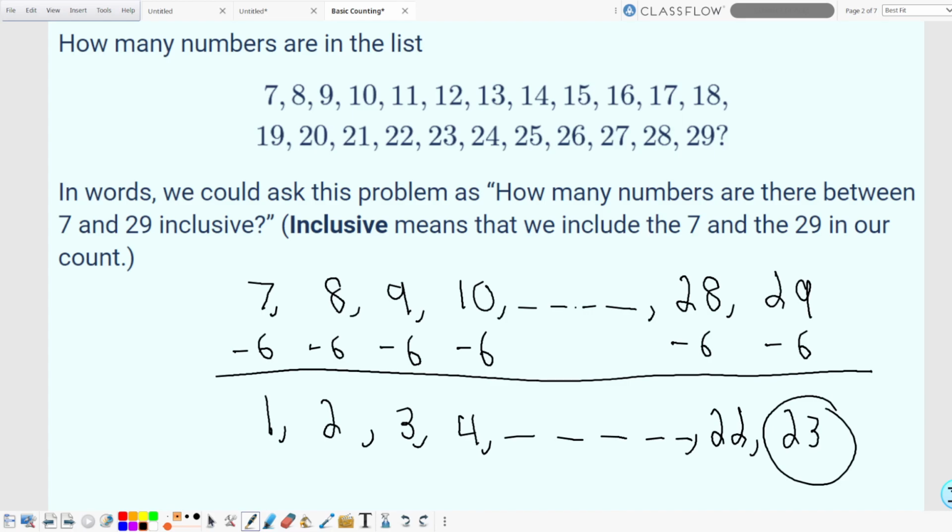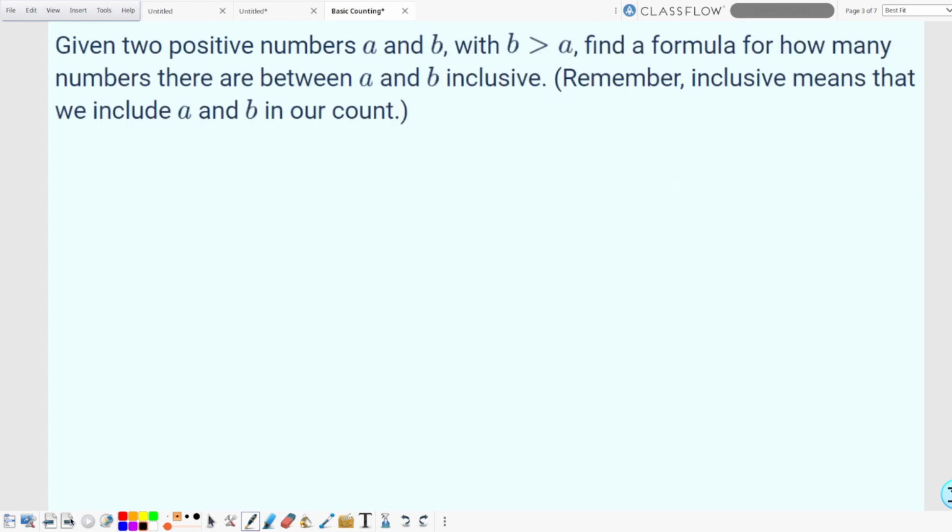So let's see, does this trick work every single time? You'll notice also, what is the value of 6? Well, the value of 6 is 7 minus 1, right? So maybe we can use that to our advantage when tackling this next problem.